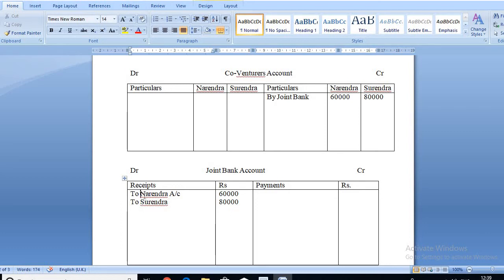So come here to Narendra and Surendra accounts. Here you have to do credit entry. So enter Narendra 60,000 and Surendra 80,000. Here Narendra and Surendra debited in joint bank account, so enter by joint bank account. So the first transaction is over.